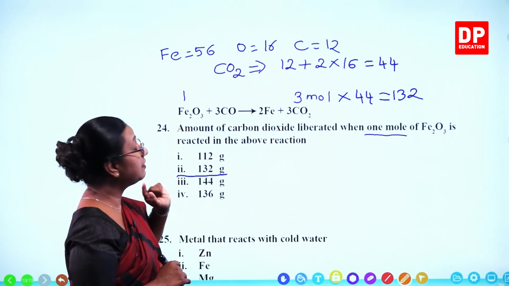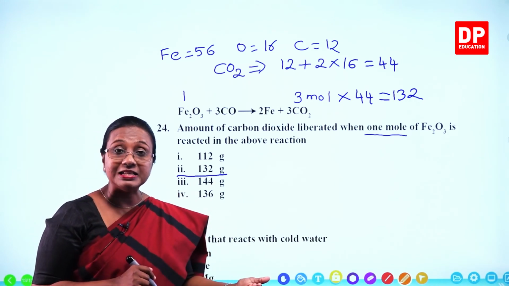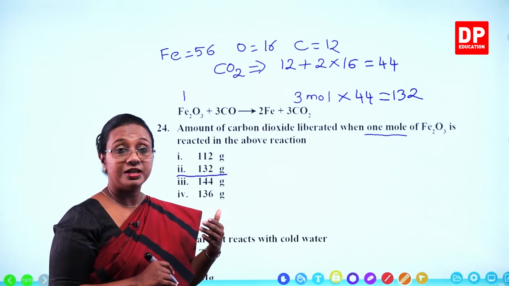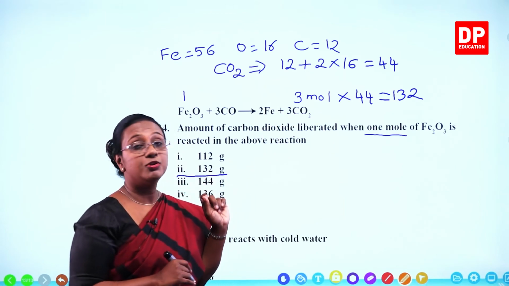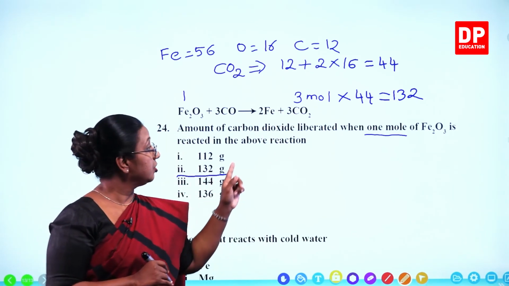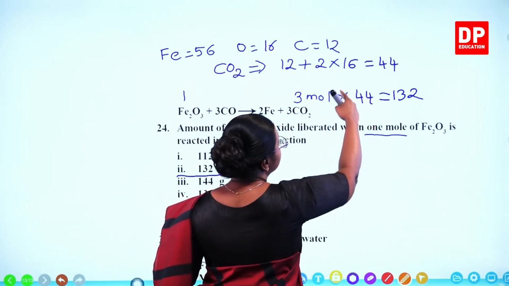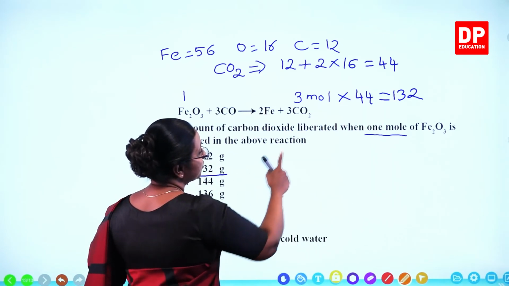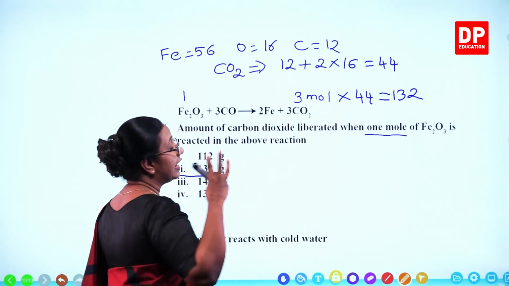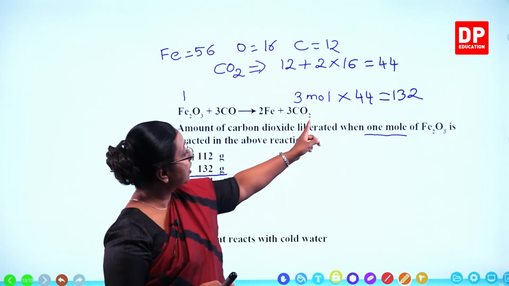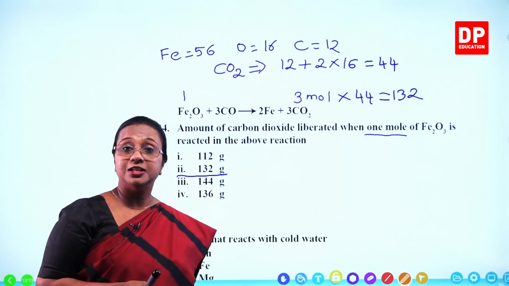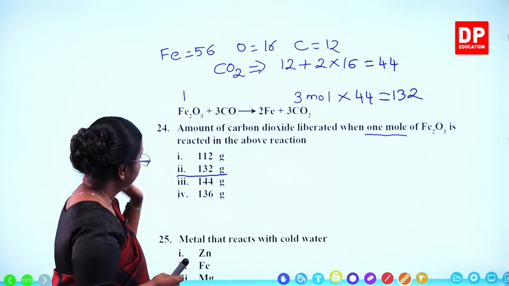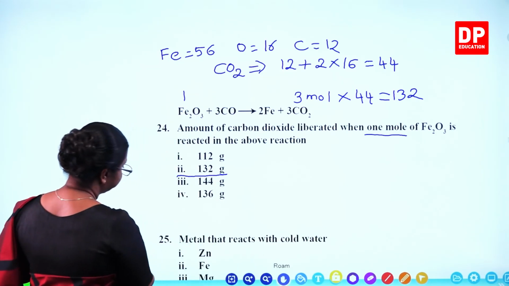So, 1 mole of Fe2O3, if it completely gets reacted or reduced, you will get 3 moles of carbon dioxide. You need to calculate the relative molecular mass of carbon dioxide, 44. Like that, there are 3 moles. So, 3 into 44, 132 grams. So, that is the answer.